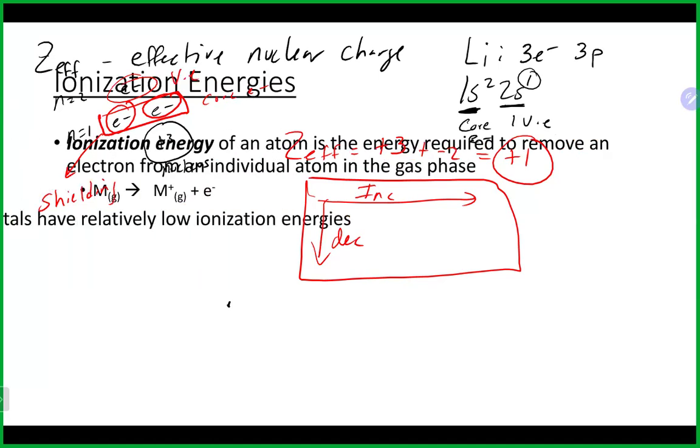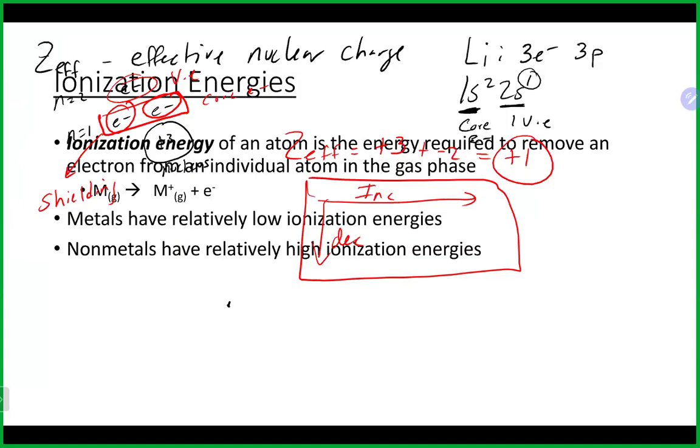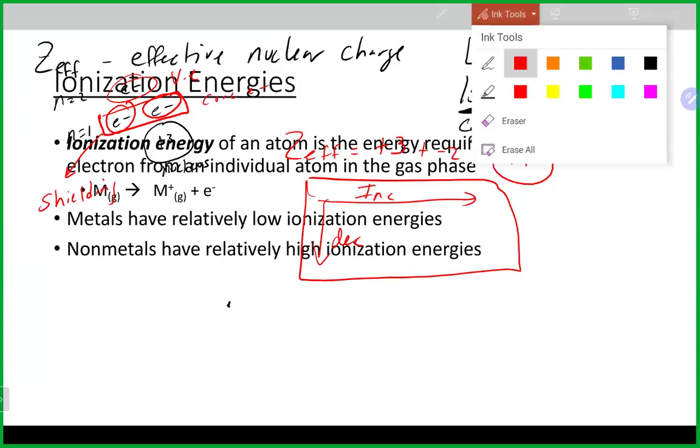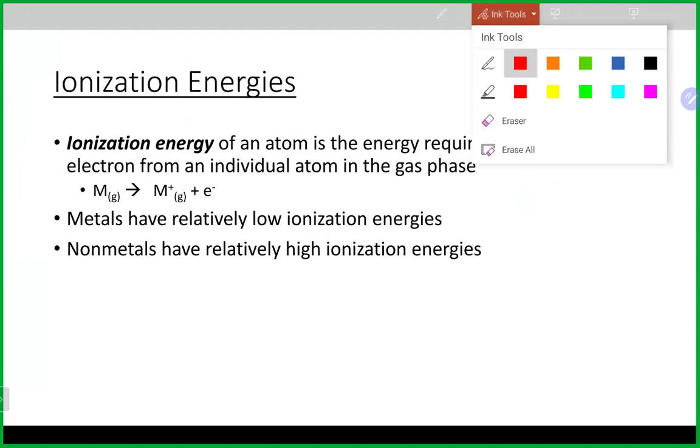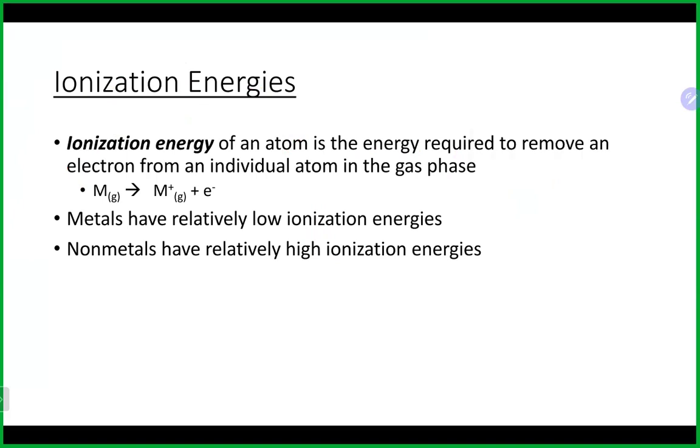Now, another really important trend, that I just wrote all over, so let me get rid of that, is ionization energy. And ionization energy is the energy that's required to remove an electron from the gas phase of an atom. And that's what we see here. We have a metal with no charge becomes a metal with a charge, and basically an electron is being given off in this equation on the right-hand side of the arrow.